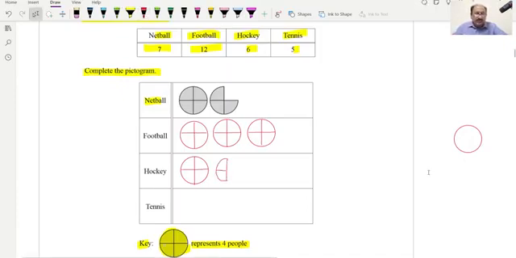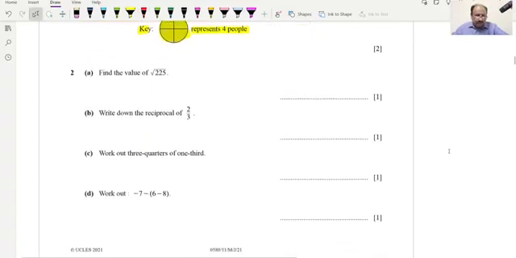Now tennis is 5, so for tennis we take one complete circle, representing 4 people, and one quarter circle like this one over here, so this will be 5 people. We are done with this.